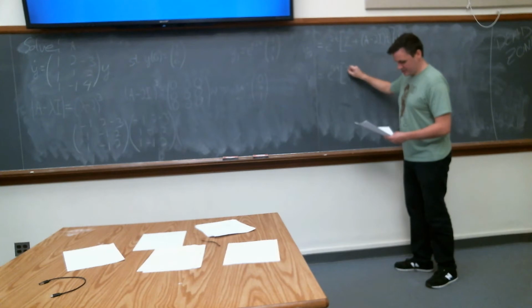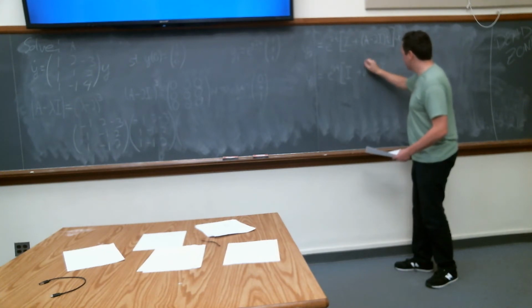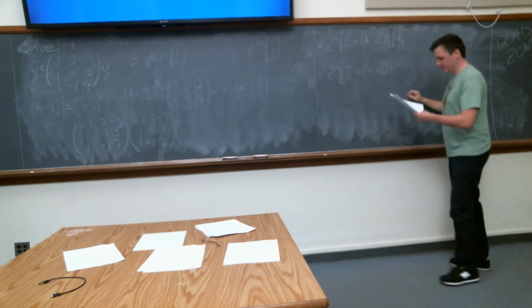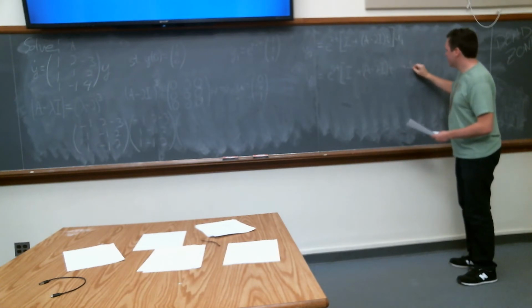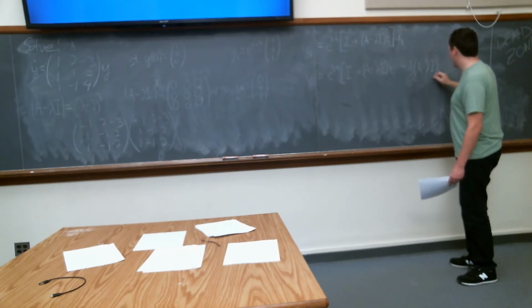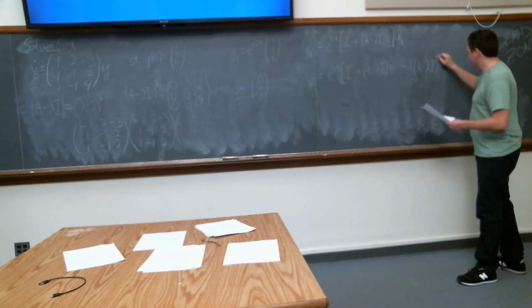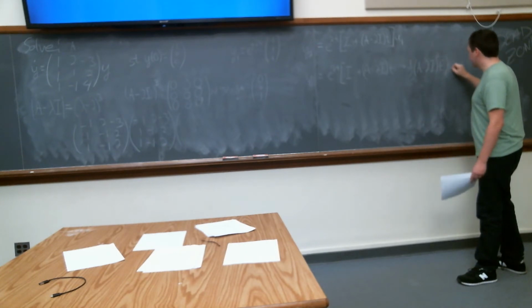So it's I plus (A minus 2I) t plus 1/2 (A minus 2I) t squared, times w.